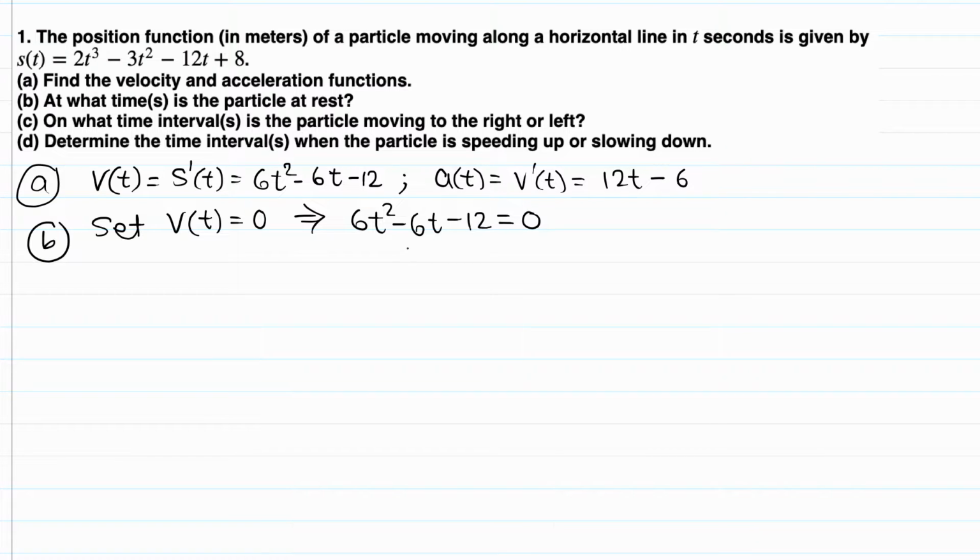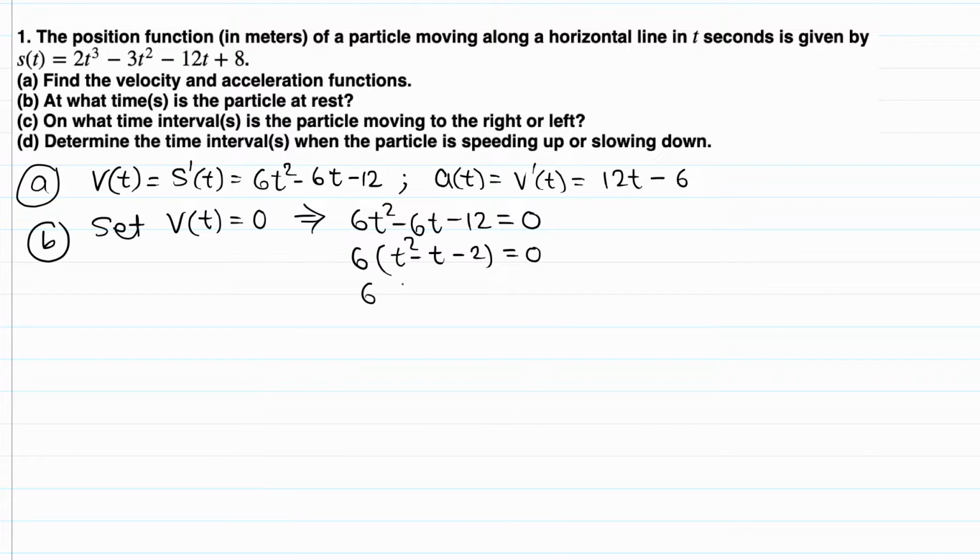Now solve for t. This is a degree 2 trinomial, so we need to factor the left side. If it does not factor, then we must use the quadratic formula, or we can complete the square. But it looks like it factors, 6, 6, 12. Let's take 6 out of all three: t squared minus t minus 2.